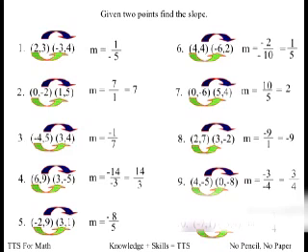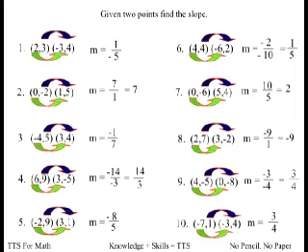Let's look at the final one. Number 10. Remember, x comes first, then y. Y sub 2 minus y sub 1 over x sub 2 minus x sub 1. So we're going to write m equals and divide.